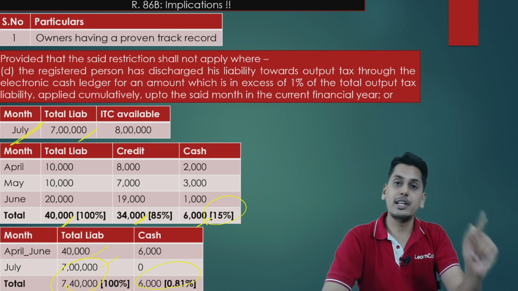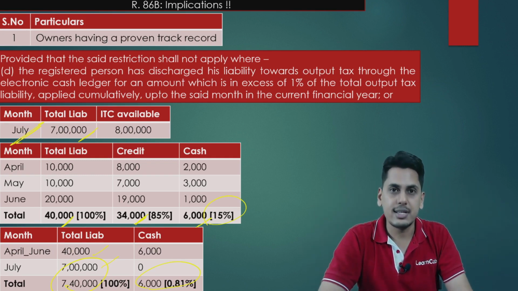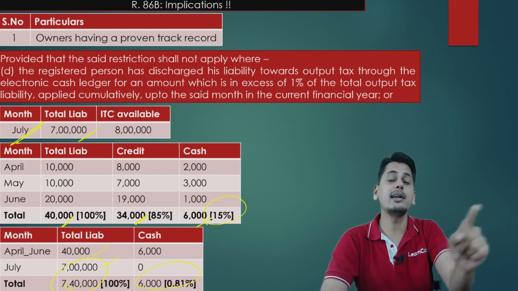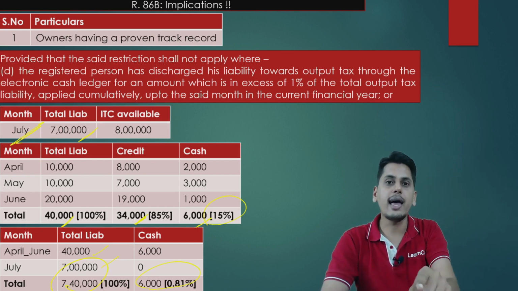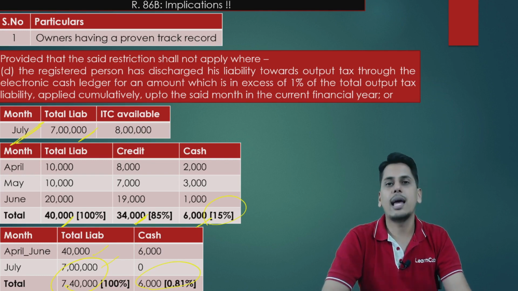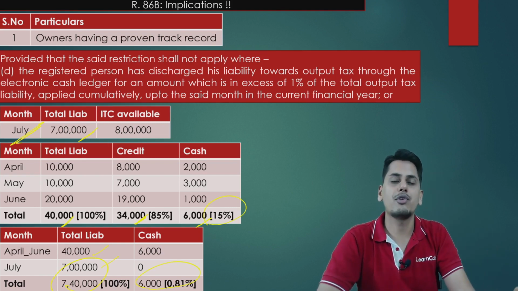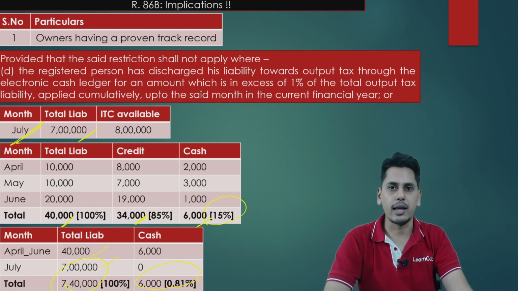I repeat, when I check cumulatively, total liability 740, so far paid from cash 6,000. When I am saying total liability, it is including the output tax liability of the tax period July as well. 740 total liability, paid from cash ledger 6,000, falling short of 1%. So therefore, I will have to pay from cash ledger for the tax period July.